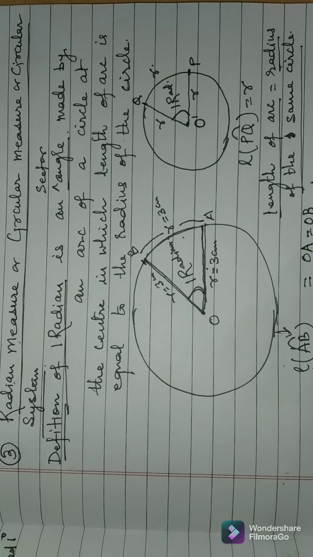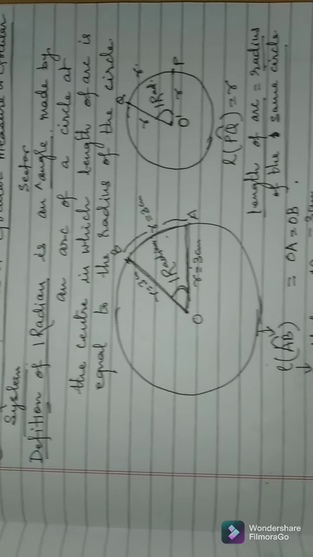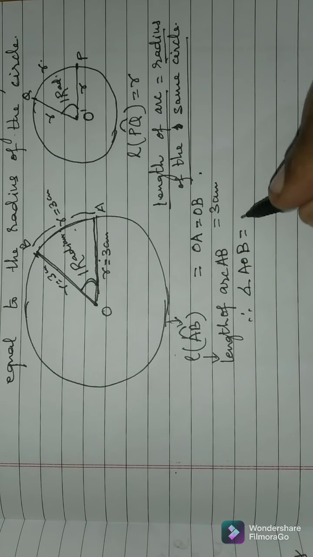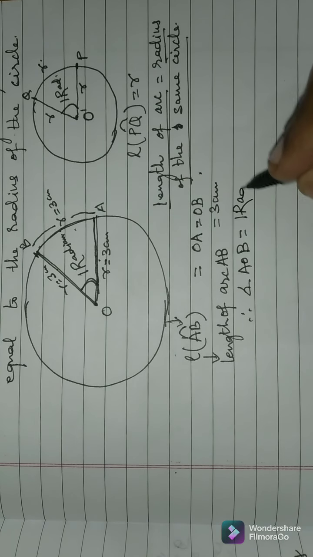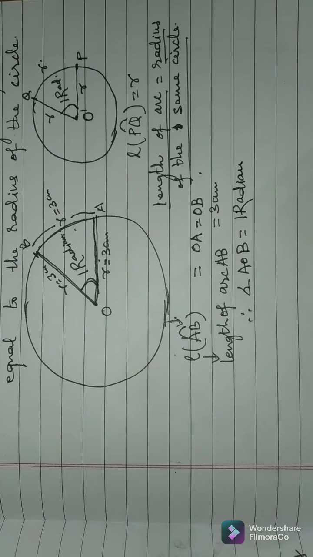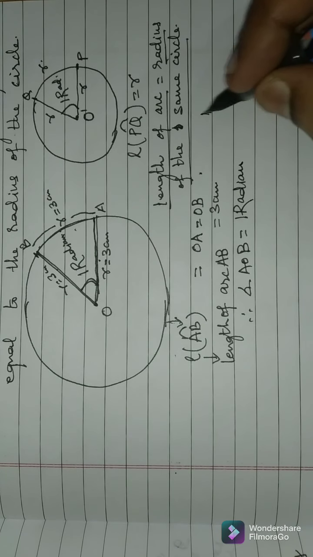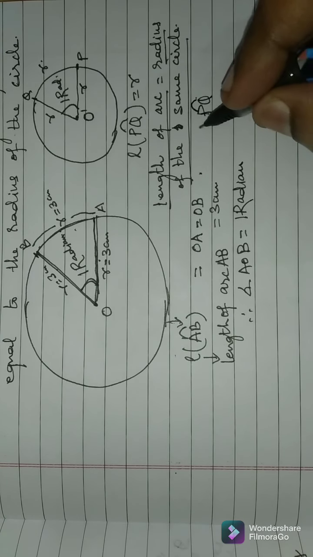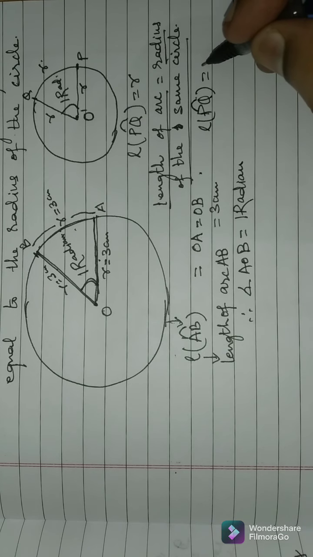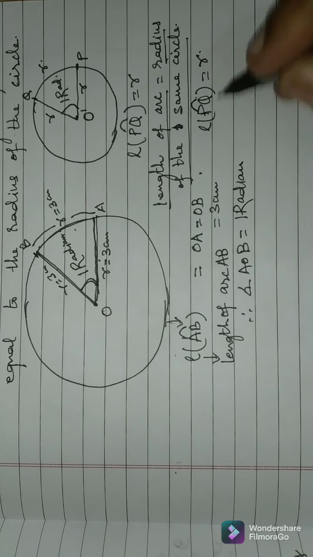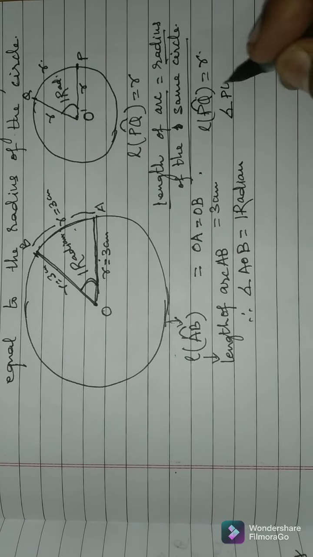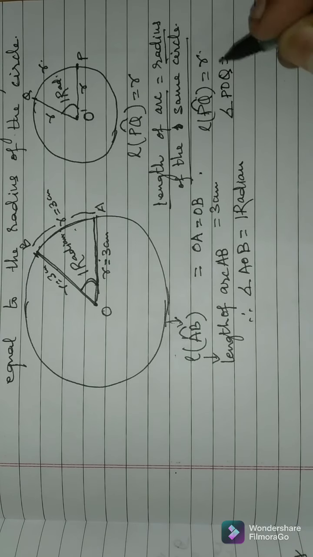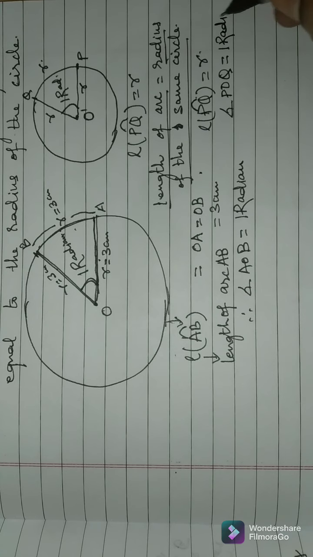Then angle AOB is equal to 1 radian. So here the length of arc PQ is the radius of this circle, then angle POQ, this is the sector angle, and this angle is called 1 radian.